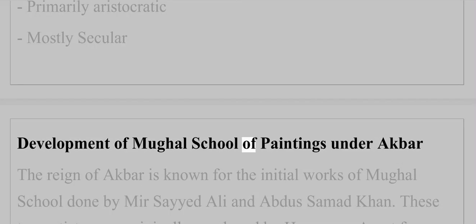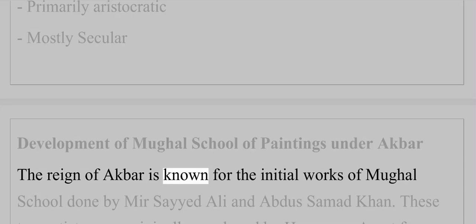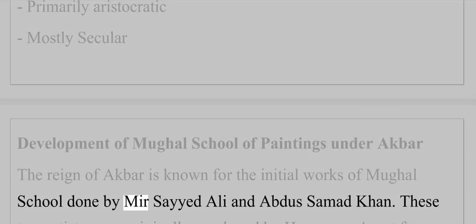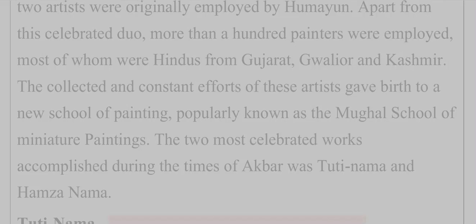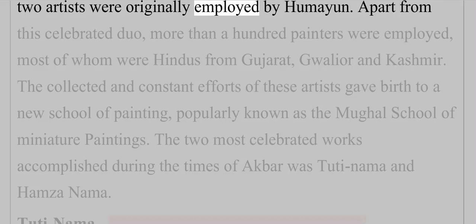Development of Mughal school of paintings under Akbar. The reign of Akbar is known for the initial works of the Mughal school done by Mir Sayyid Ali and Abdus Samad Khan. These two artists were originally employed by Humayun.